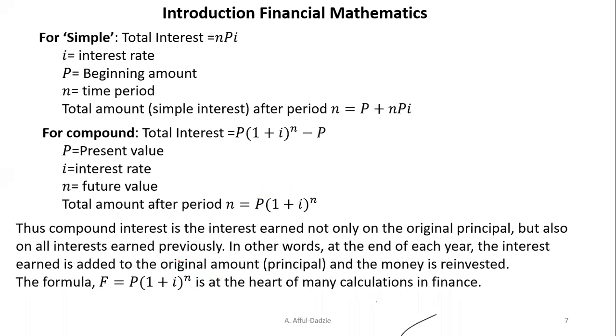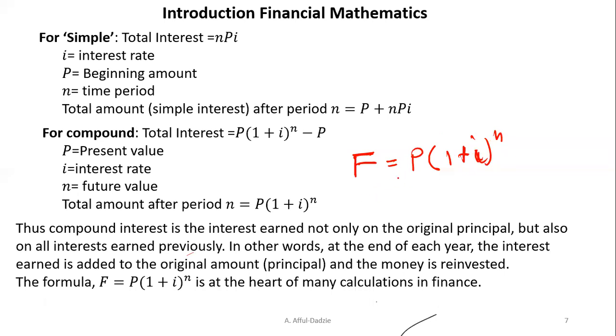So we can easily say that to find the future value of a certain sum, we can have this expression, 1 plus i to the power N. If we have this here, it would give us the future sum.